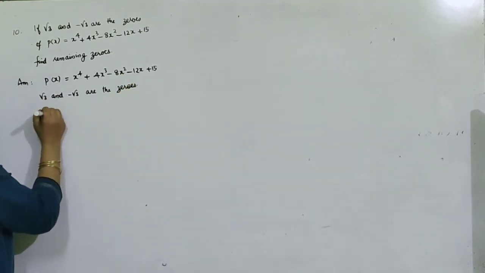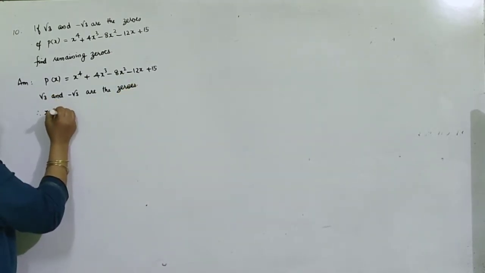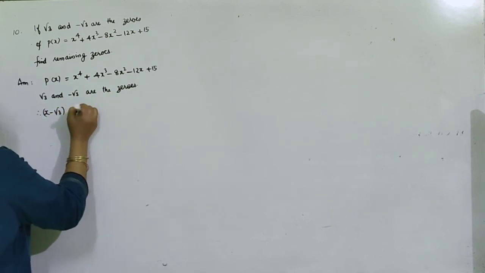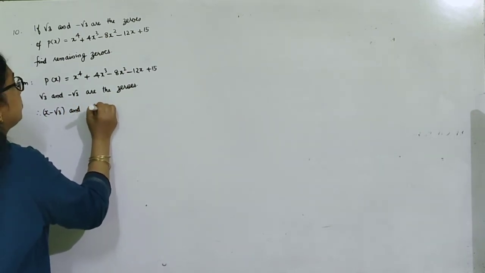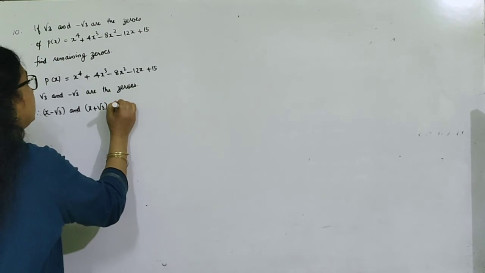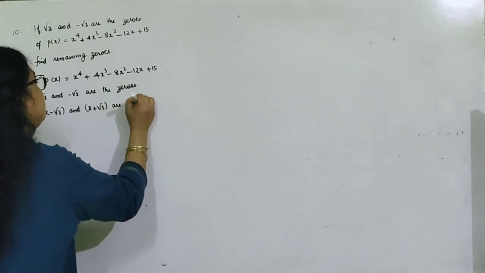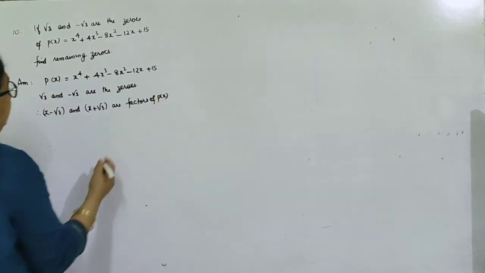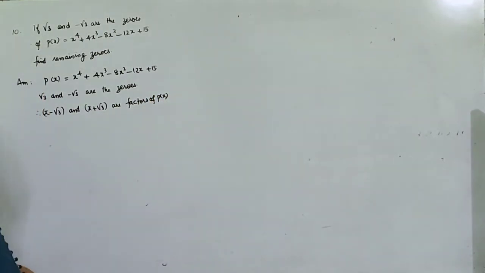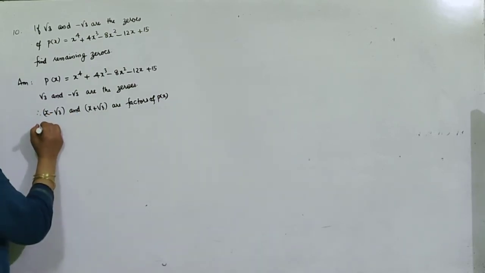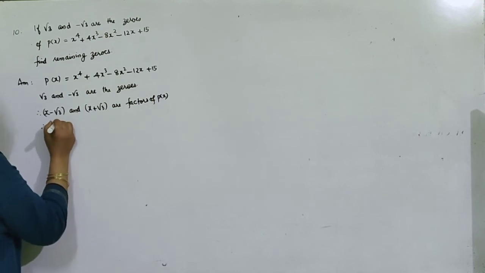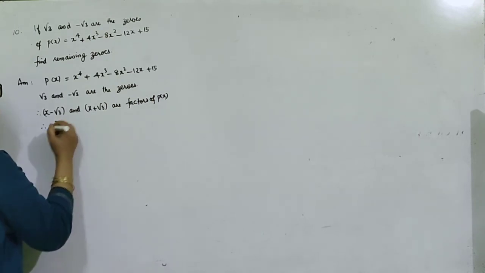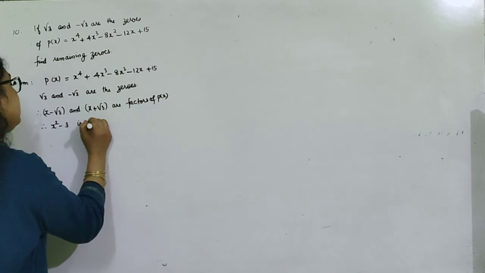Therefore x minus root 3 and x plus root 3 are the factors of p of x. If x minus root 3 and x plus root 3 are factors, their product is also a factor. By a minus b formula, here x square minus root 3 square, which is 3. So x square minus 3 is a factor of p of x.